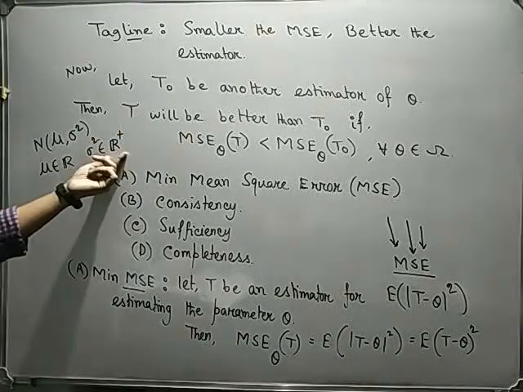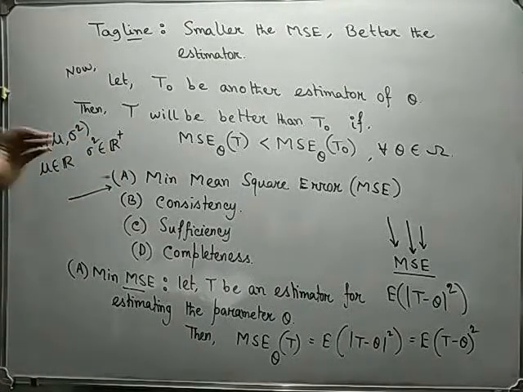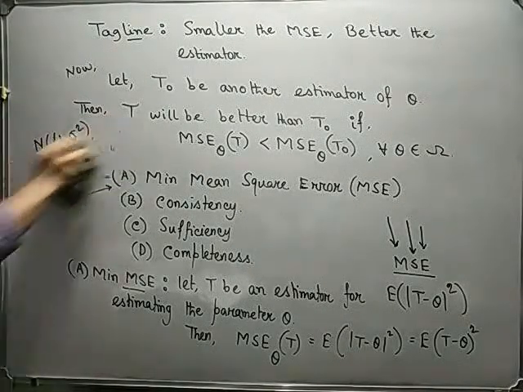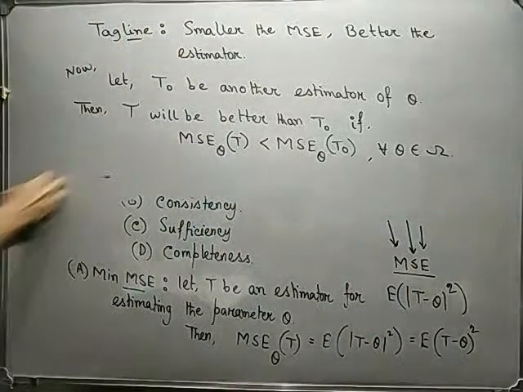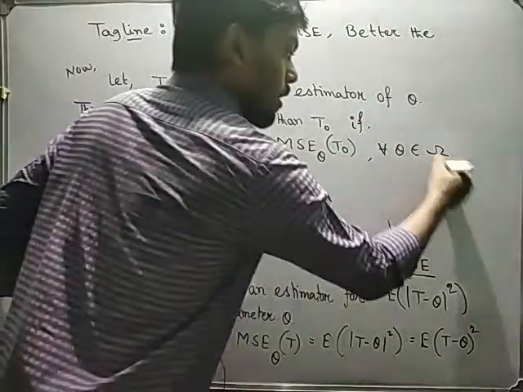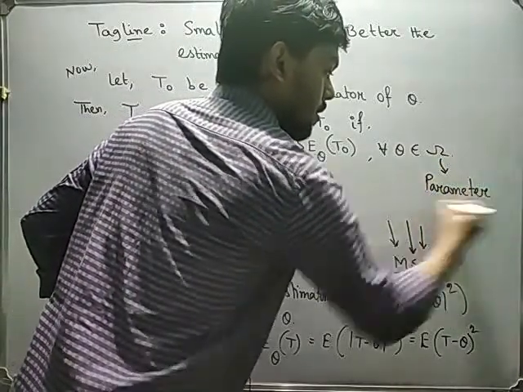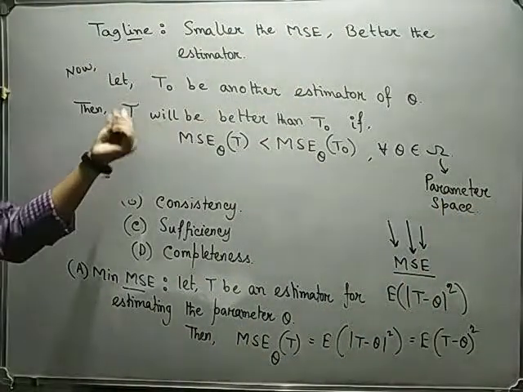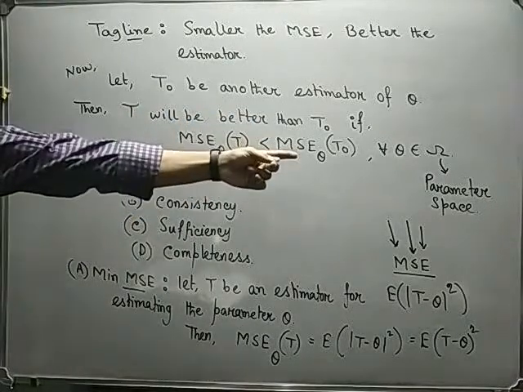R plus means positive real numbers, or greater than 0. So R plus will be the parameter space for sigma square. That's called the parameter space. So this omega is basically the parameter space. So capital T will be better if its MSE is smaller than that of capital T naught.